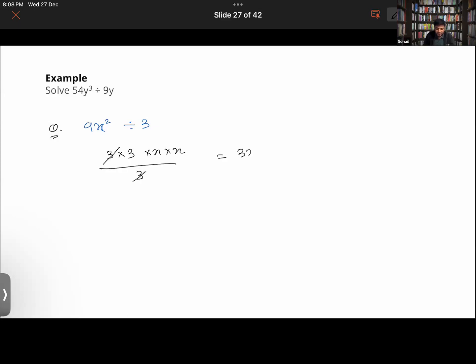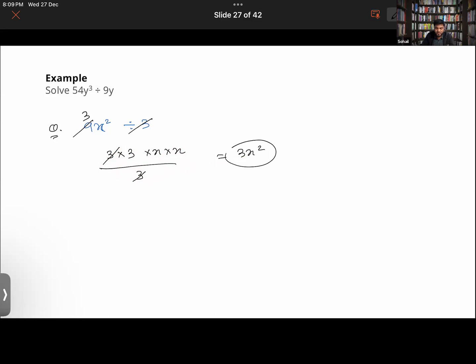So thereby you are getting 3x square, right? You don't need to expand this much unless it is told by your teacher in school to expand it in this manner. If they don't say so, then there's no need to do this much work. You can simply cancel the constant terms directly like this, so thereby you're getting 3x square, right?